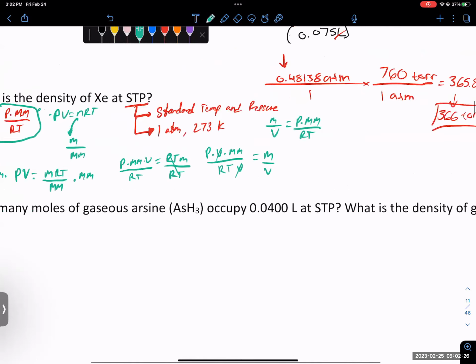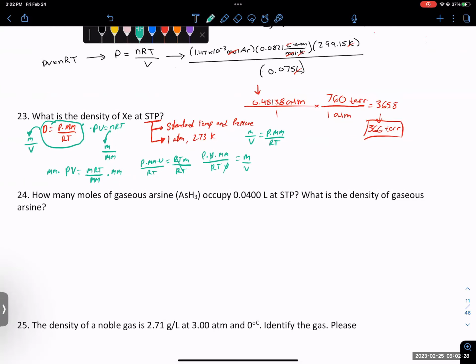All right, so the density of xenon at STP. Pressure is 1 atmosphere. So density equals 1 atmosphere times the molar mass of xenon, which on your periodic table is 131.284 grams per mole, over R, the same R we've been using, 0.0821, times our temperature of 273 Kelvin, because that's standard temperature and pressure.